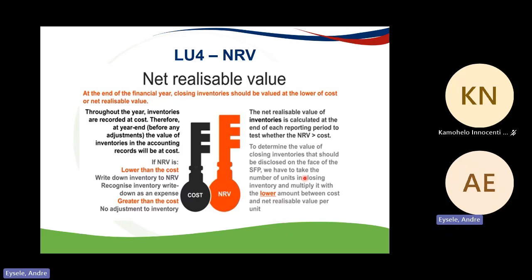Okay, but under certain circumstances, if we give you an option to say raw materials cost 100 Rand, and the NRV is 8% less than that, then you need to make a write down.